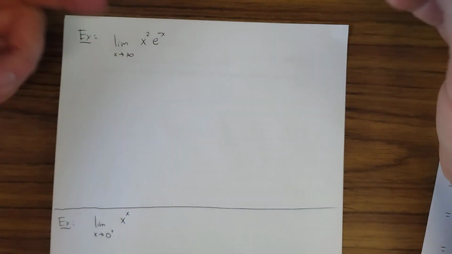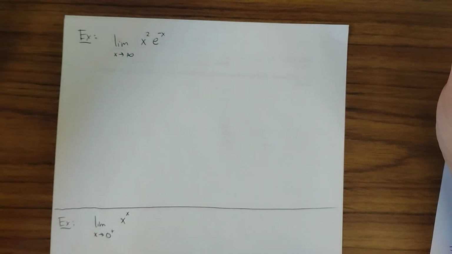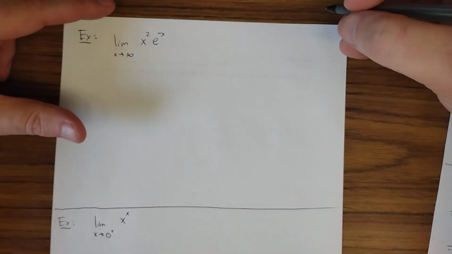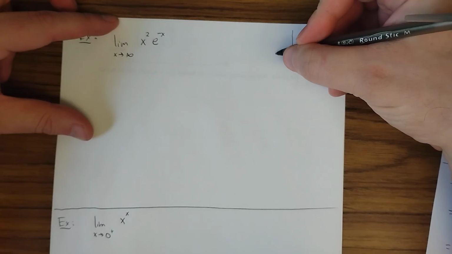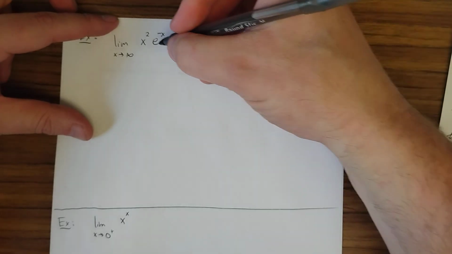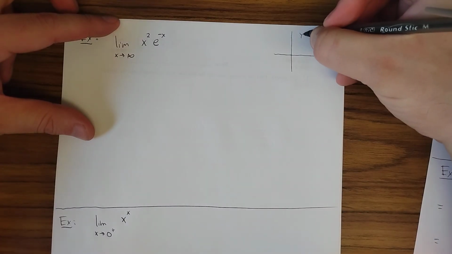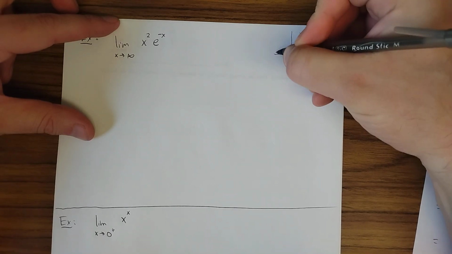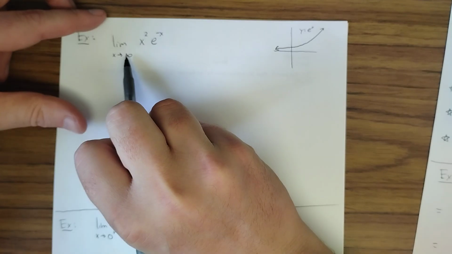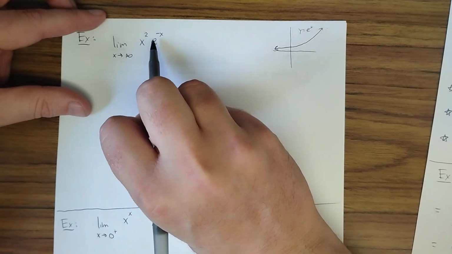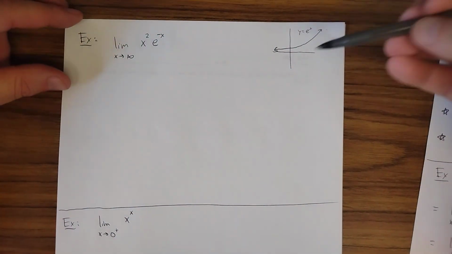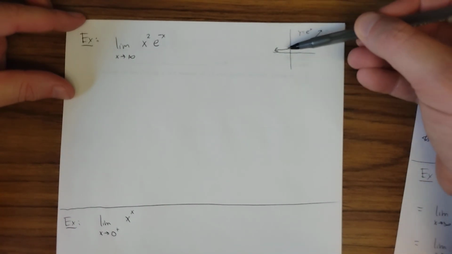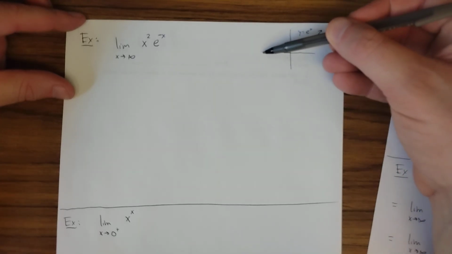For example, how about this? X squared e to the minus x. Of course, e to the x looks like this. So if x is going to infinity, this is like e to the minus infinity. In other words, it's like this graph, but I'm going off to the left.